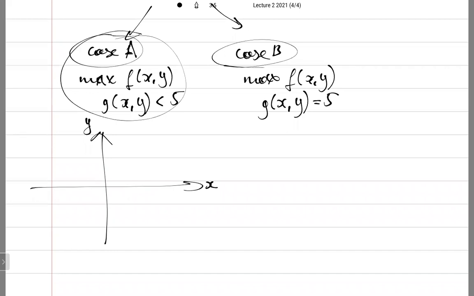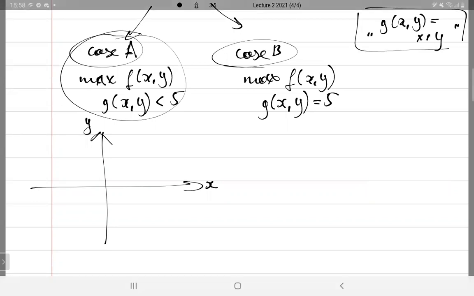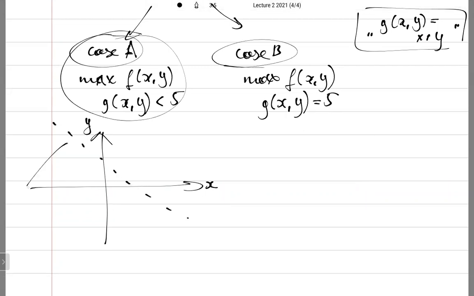Let's imagine that it's something like, to simplify, g of x, y is like x plus y or something else simple. Okay, so we have an available region.